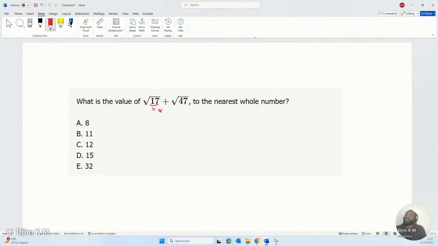And this is approximately 49. So this is less than 7. So this will be less than 7. And this will be greater than 4. Okay. So it will be 7 plus.